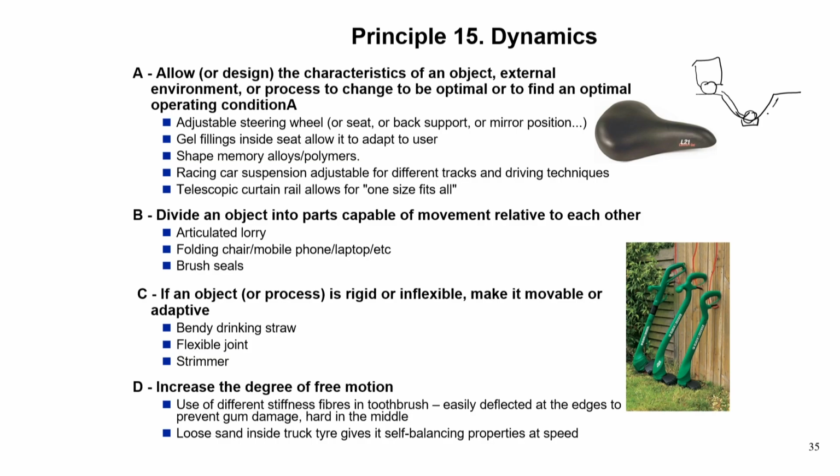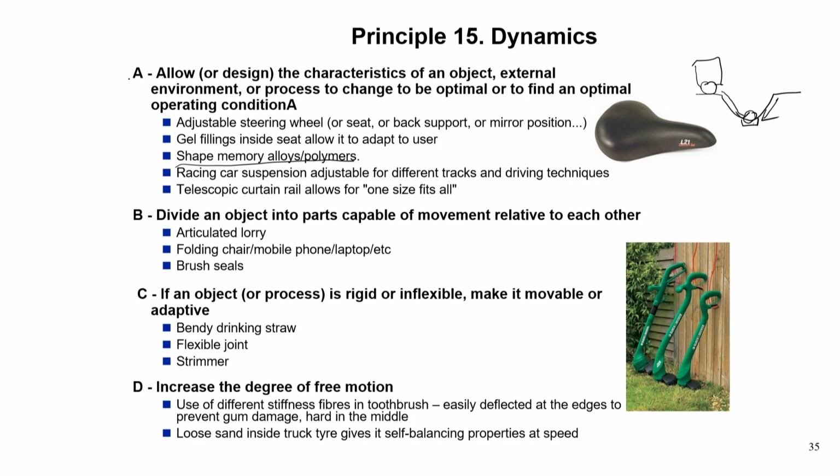That is the way, if you do it, then you are using the system dynamics to lock two systems. This is very much used in all the turn indicator mechanisms of automobiles. Similarly, dynamics is used in shape memory alloys or polymers, racing car suspensions, adjustability, and telescopic curtain rails that allow one size to fit all. So, these are all allowing certain dynamics to happen.